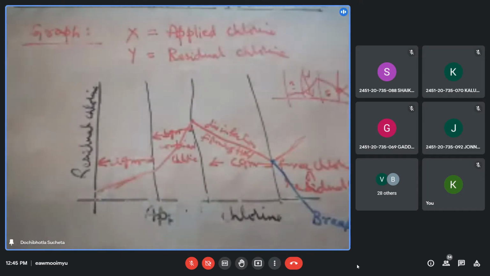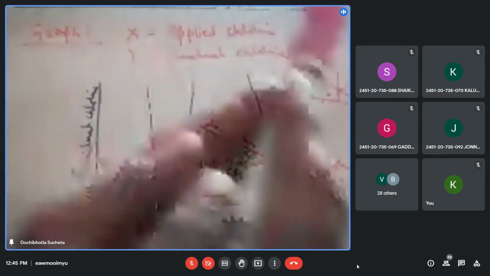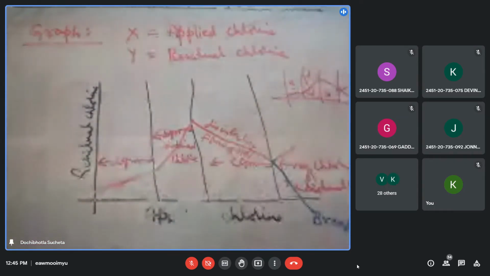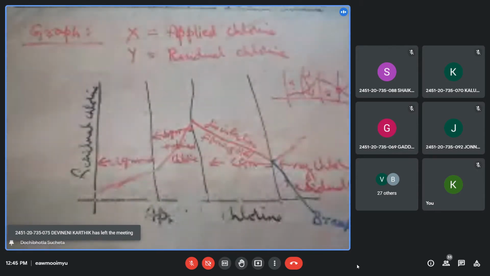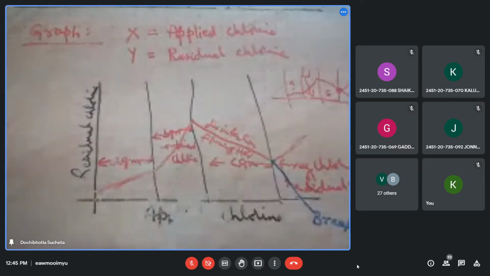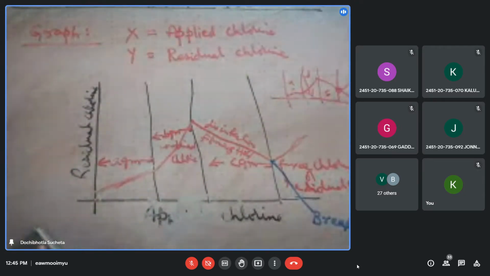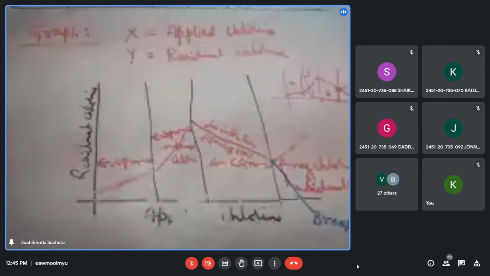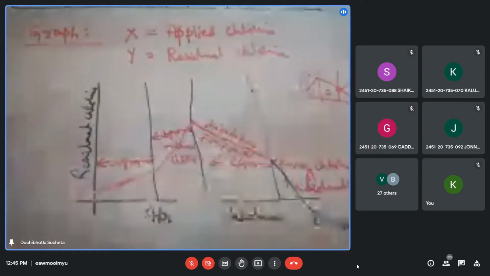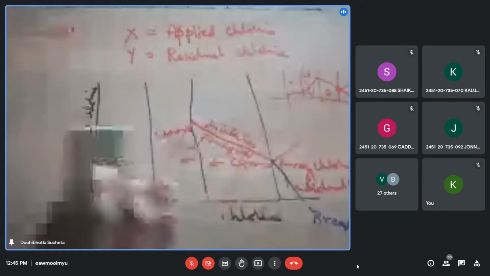It tells us how much chlorine I have to mix with water to do the disinfection, whether it is chlorine gas or chloramines or bleaching powder. Whatever it be, breakpoint chlorination gives us the calculation for the minimum amount of chlorinating agent that has to be added to do complete disinfection or sterilization.